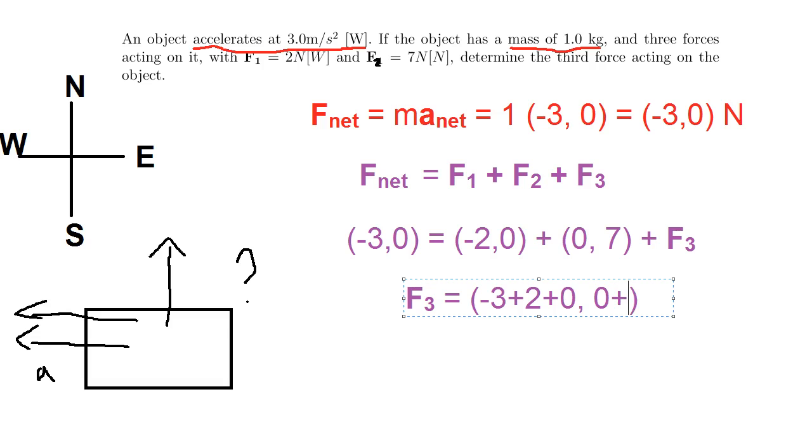We're going to be bringing 0 over. I guess we could use subtraction here. And then we're going to be bringing the 7 over by canceling it out with subtraction. So what you're going to get at the end of the day for your third force is, in the x, negative 1, and in the y, negative 7.